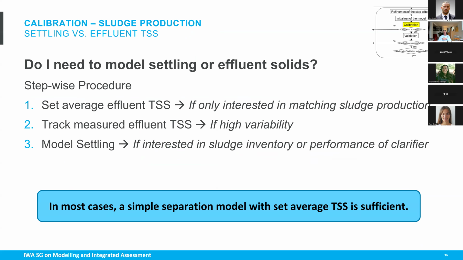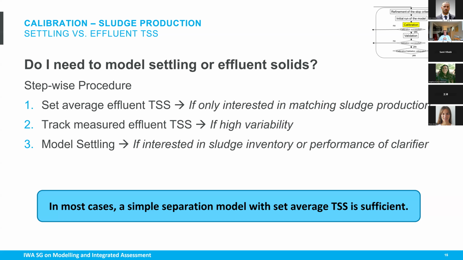Okay, so the next question is, do I need to model settling or just the effluent solids, right? So again, that is part of the plant model setup to take that decision. But if you select to model settling, then you have to calibrate that settling model. Yeah. So just some simple guidelines here.